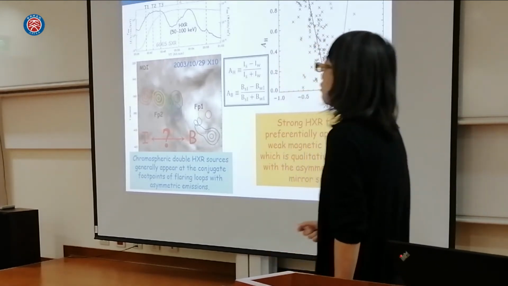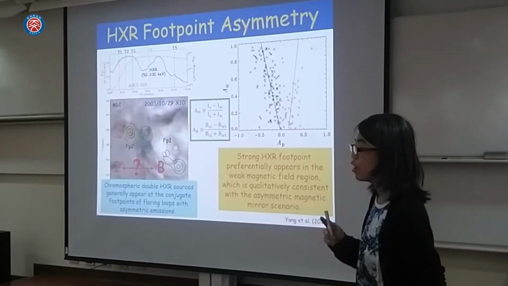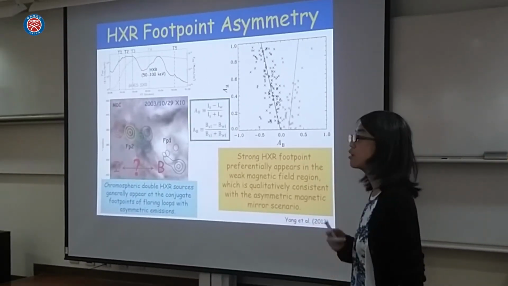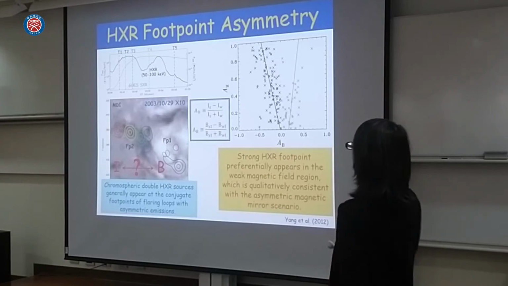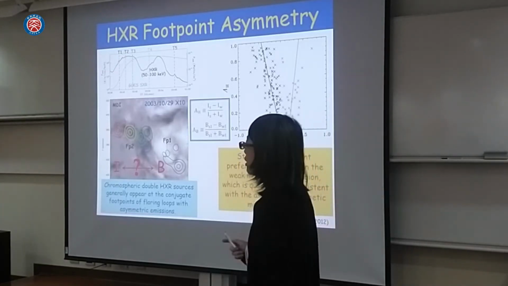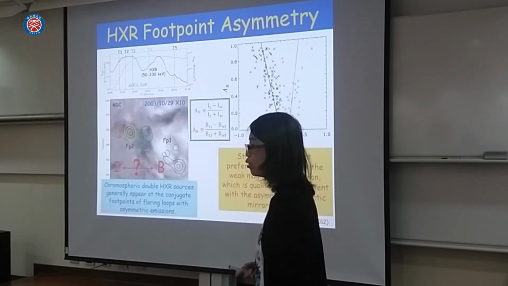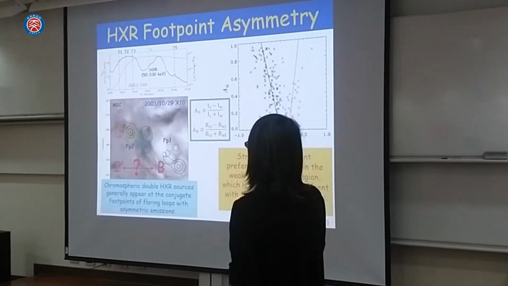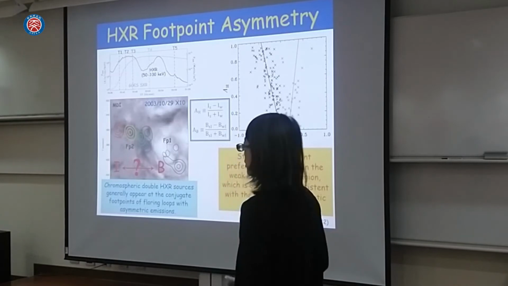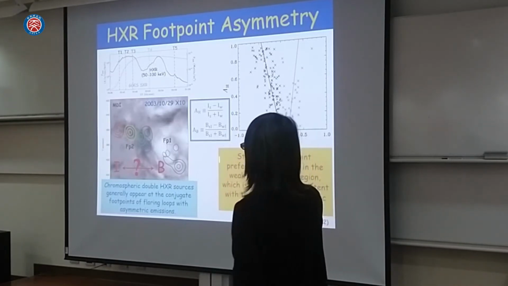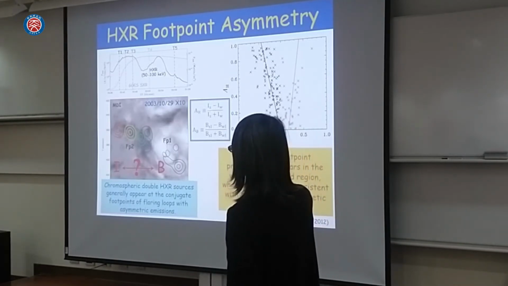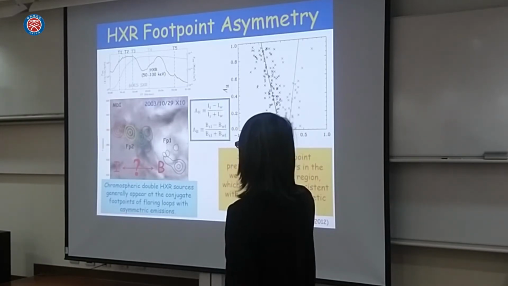So we define two parameters to calculate the asymmetry. One is AH, the asymmetry of the high X-ray footpoint. You can see the AH is always positive, because I always divide the stronger one by the weaker one.